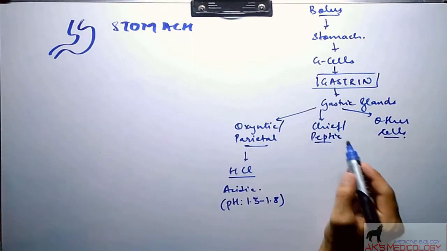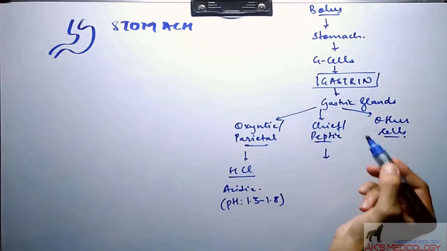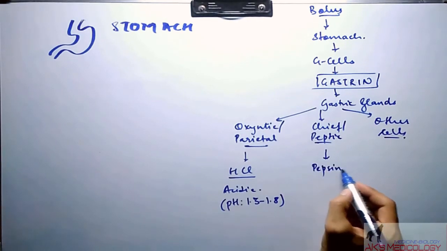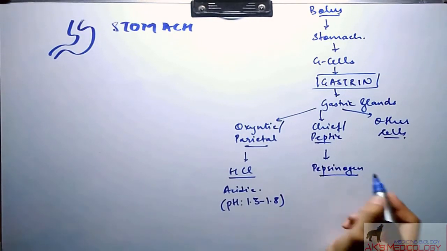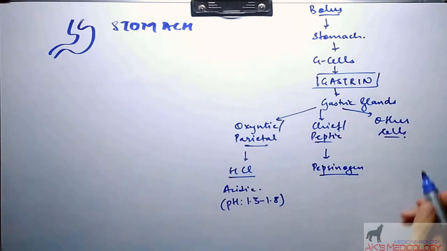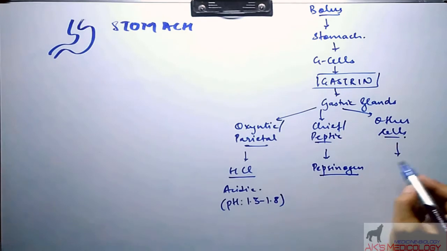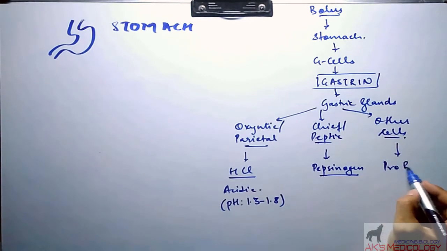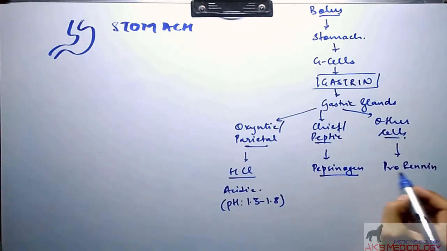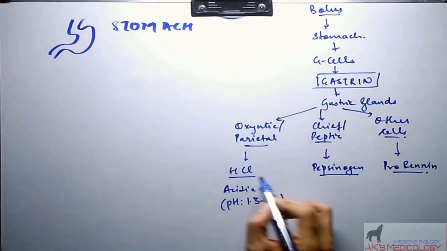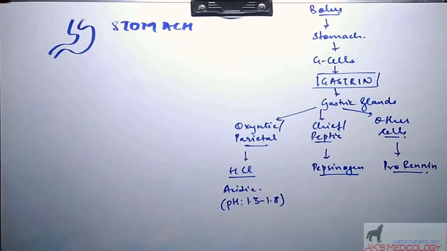When chief cells or peptic cells are stimulated, they release pepsinogen. Now, this is an enzyme we will talk about later. And other cells of the gastric glands release prorenin. What this pepsinogen, HCl and prorenin do, we'll have a look at it.